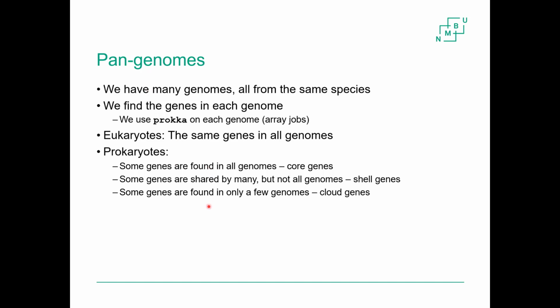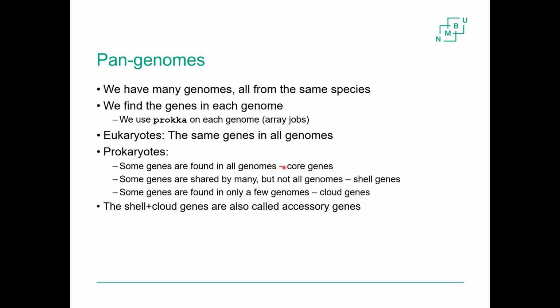The pangenome is actually the collection of all these genes. If you count all the core genes, the shell genes and cloud genes that you find within a species, then you have the pangenome of that species. And the shell plus cloud genes are also sometimes just called accessory genes, right?